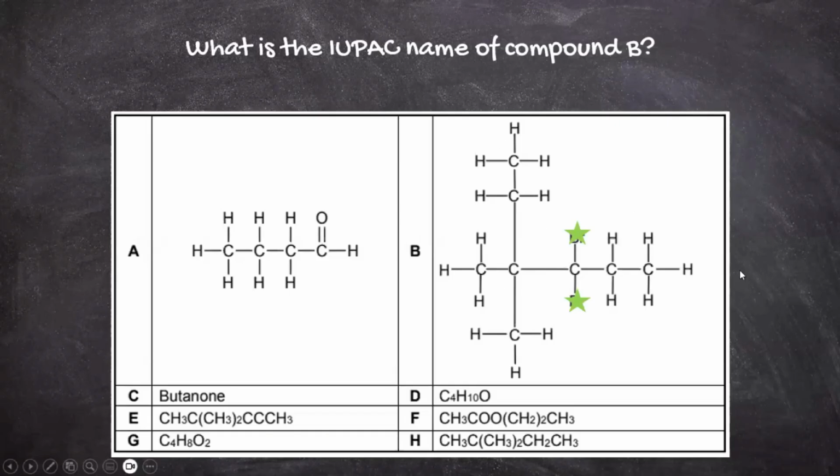You can see there are no double bonds between the carbons, so we're dealing with some kind of alkane. Okay. Next up, I did mention the two methyl groups. Okay, and they are behaving as side chains. So again, they're not going to contribute to the number name of this alkane.